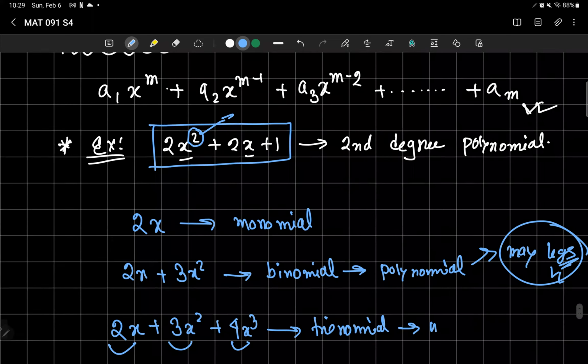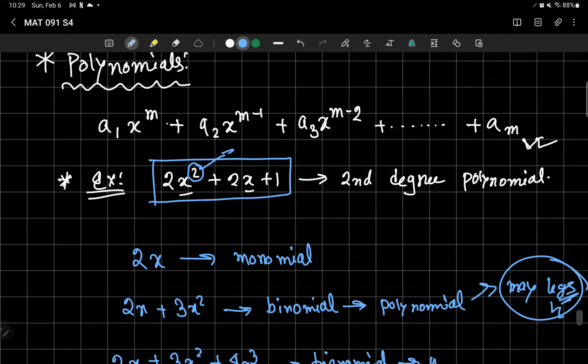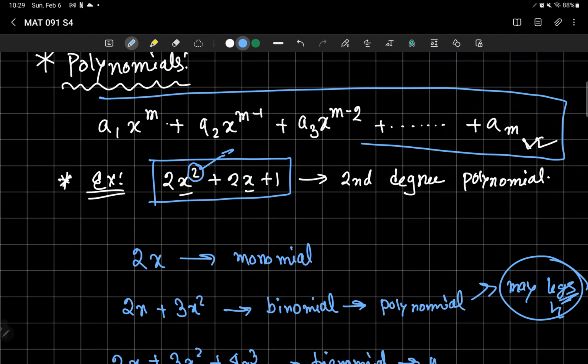Whenever we are dealing with any sort of expression like this, we look for the highest power of the variable. In this case, the highest power is what? m.